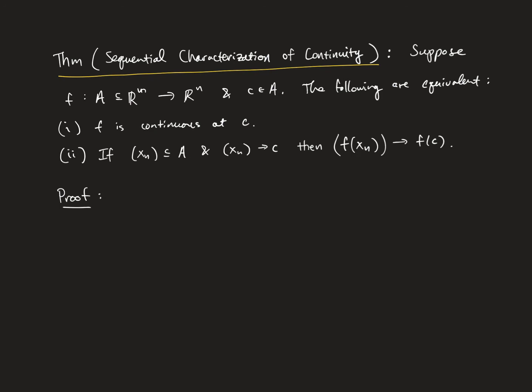So basically just going to try to use some work that we already did in the previous lecture. You could also give a direct argument for the equivalence of these two. It would be very much similar to the sequential characterization of functional limits that we did in the last lecture.